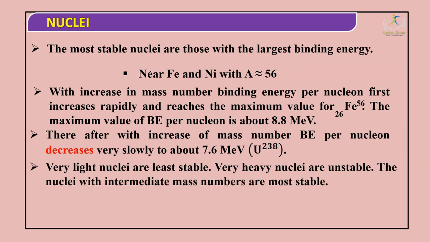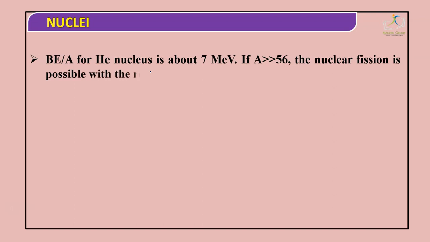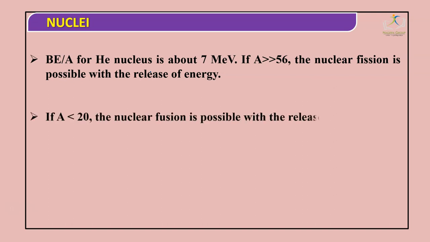Very heavy nuclei are unstable. The nuclei with intermediate mass number are most stable. The decrease in binding energy per nucleon of the heavy nuclei is due to the electrostatic repulsion between the protons. Binding energy per nucleon for helium is about 7 MeV. For this scenario, nuclear fission is possible with the release of energy.